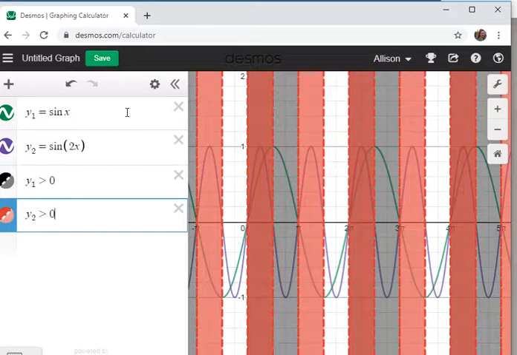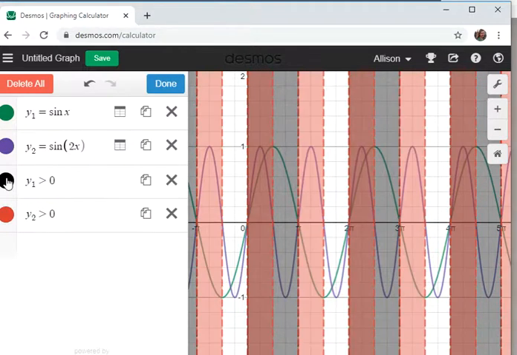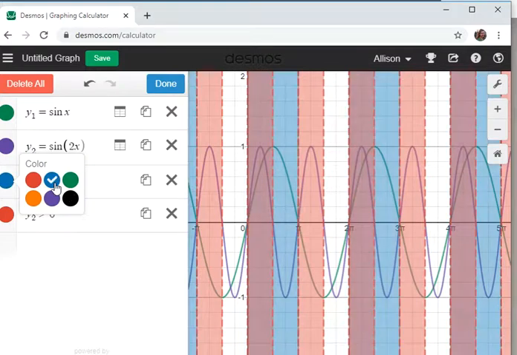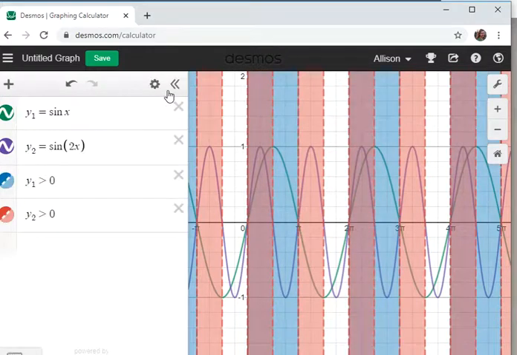And so they're both positive about, okay, it's kind of hard to tell. So let me see if I can lighten these colors just a smidge. I don't want black shading. But if I do red and blue, the overlap is purple. Perfect. So the overlap is this purple section where they're both going to be positive.